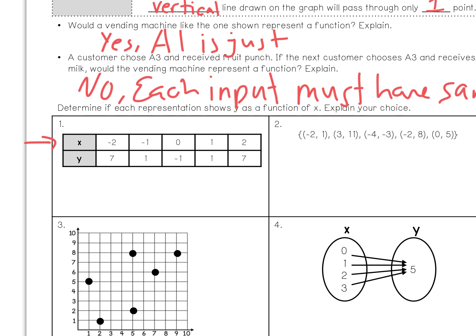Does x repeat? So, with number 1, do any of the x values repeat? Negative 2, negative 1, 0, 1, 2? No. So, yes, it is a function, and x does not repeat. Okay? In a table, it's real easy to see.